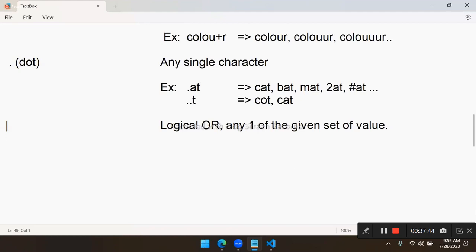From a given set of values, any one of them, you can define OR. That you can do by using pipe. Pipe is a meta character.